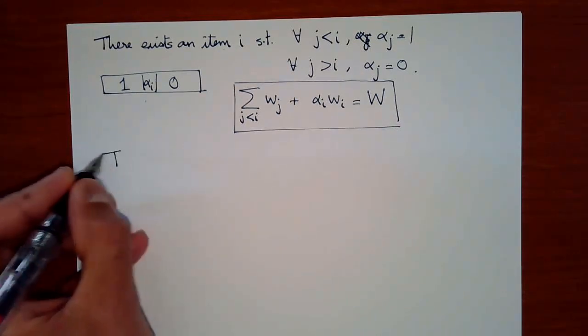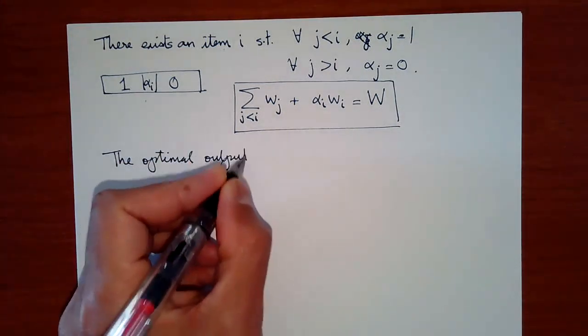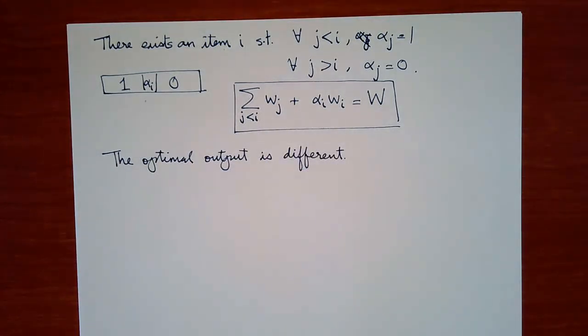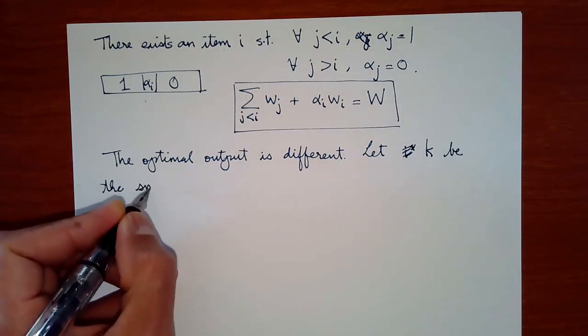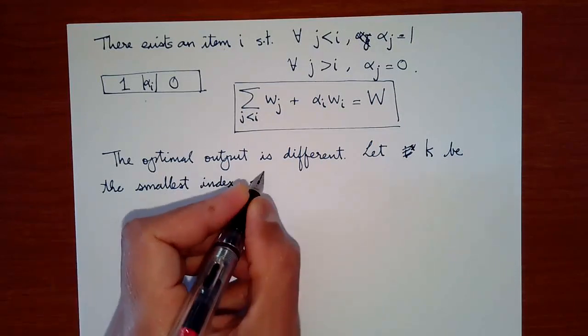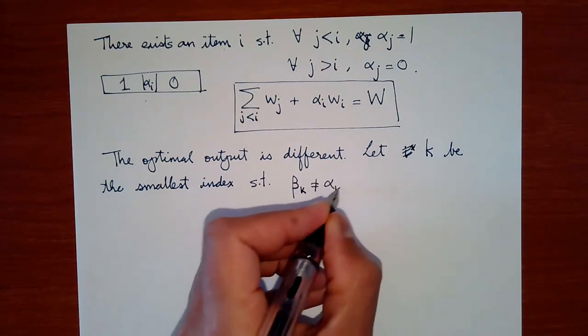Now, what we know is that the optimal output is different. So let k be the smallest index such that beta k is not equal to alpha k.